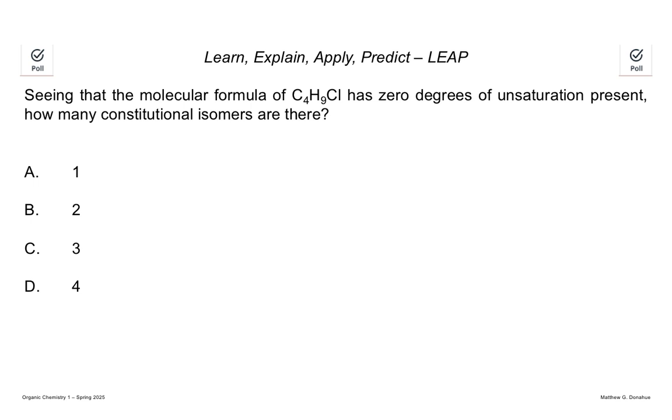So how many do you think there are? So I'm going to put 4 by linear, and then branched I'm going to put 3. That just means the longest carbon chain.